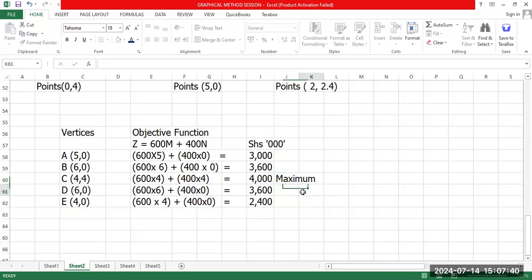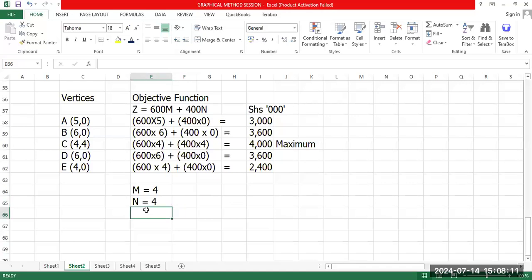Ask yourself, what are those points that helped you to get the maximum profit? M is equal to 4, and N is equal to 4.